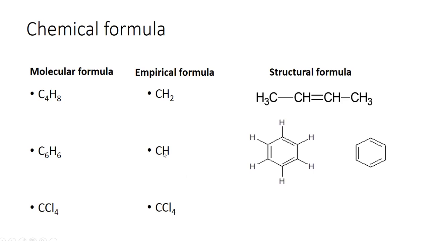The empirical formula will just give you CH. So we'll look at the empirical formula later. And these are the structural formulas. Here for carbon tetrachloride, we see that the empirical formula is the same as the molecular formula.